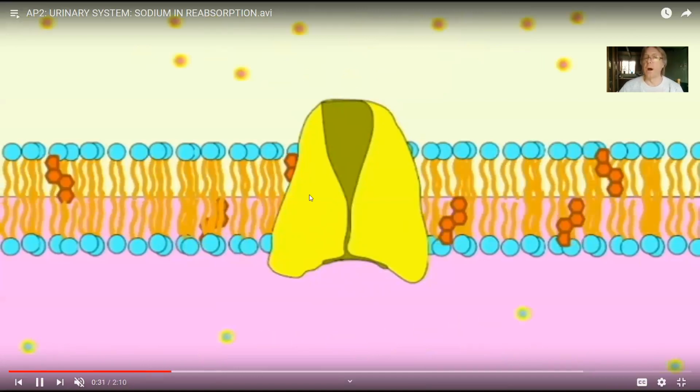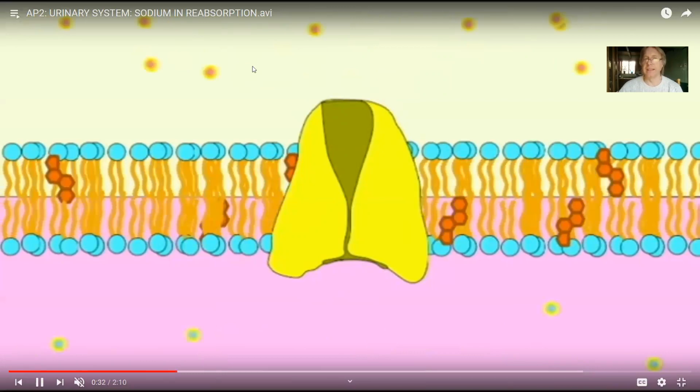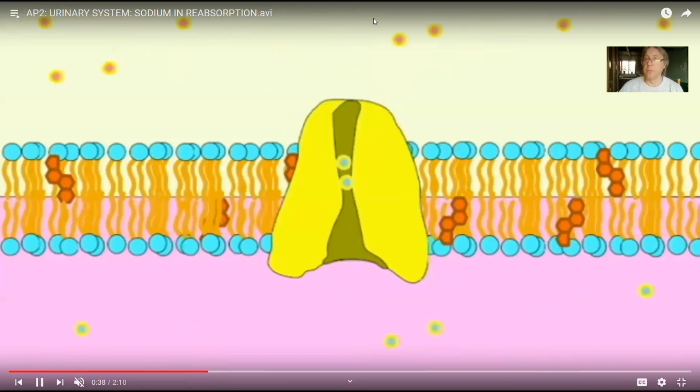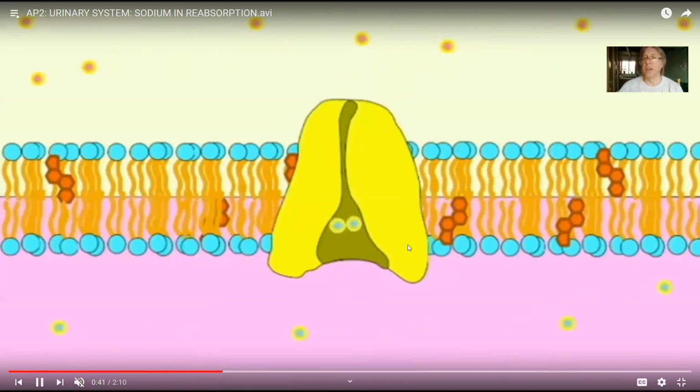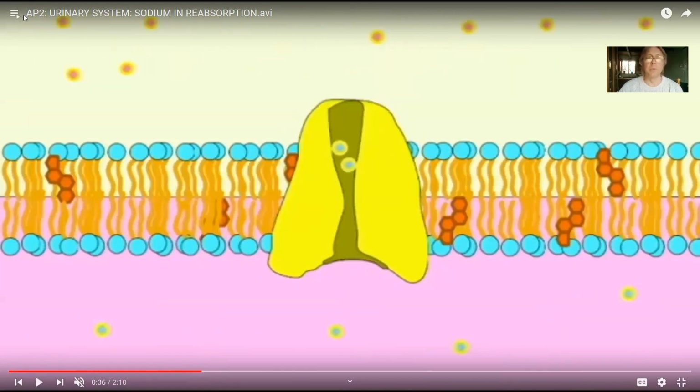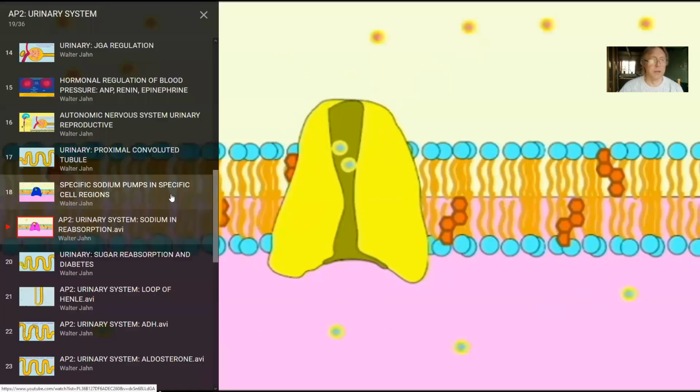So in other words, while this pump is active, these sodium ions are moving away from the filtrate, which is becoming urine, and towards the blood. In other words, the more this pump is used, the more sodium will be reabsorbed. Potassium, as we will see, the opposite is happening, because it's moving towards the tubule lumen.